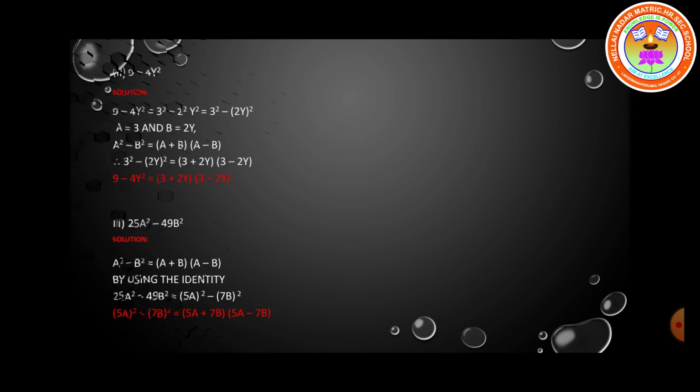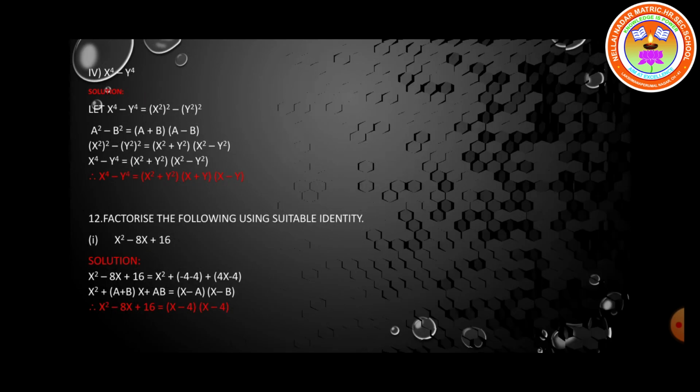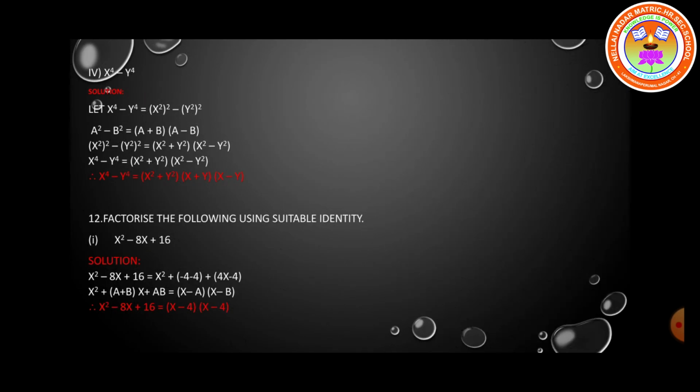Yes. Now we are going to see the next one: x power 4 minus y power 4. How to write that one? x power 4 minus y power 4 is (x square) the whole square minus (y square) the whole square.